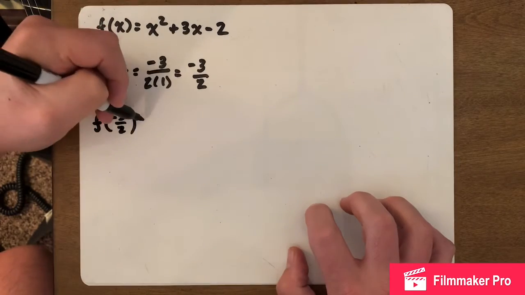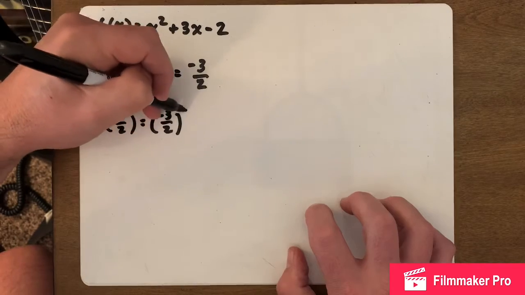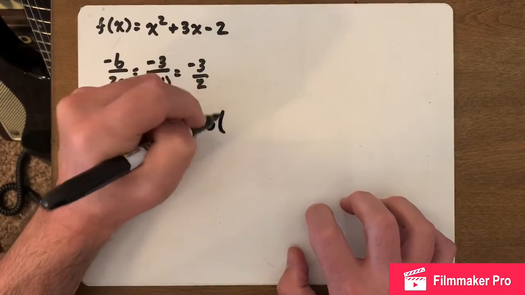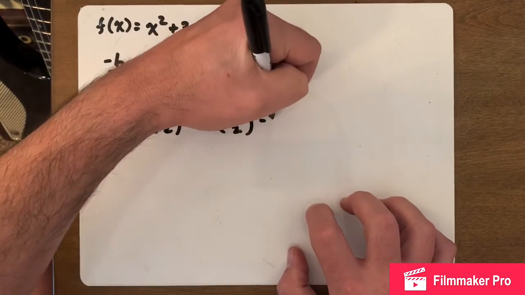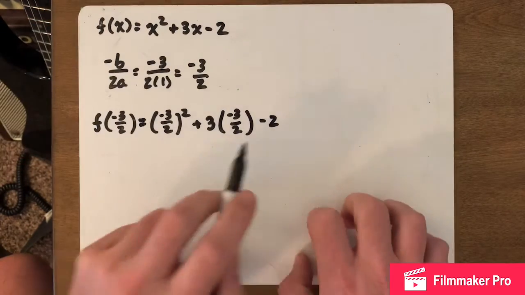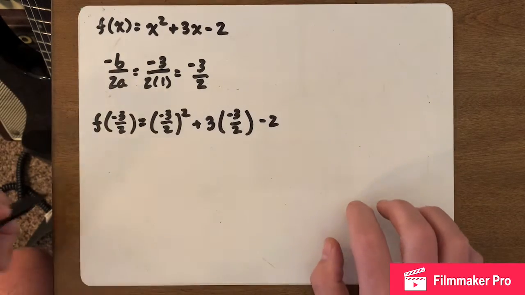Equals negative 3 halves squared plus 3 times negative 3 halves minus 2. Every one of these little calculations is nothing more than what you did in 5th and 6th grade. It's just going to be a couple steps.